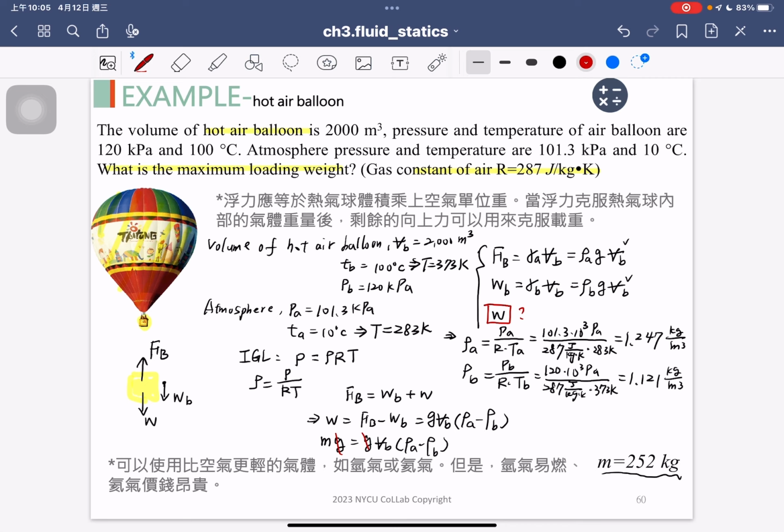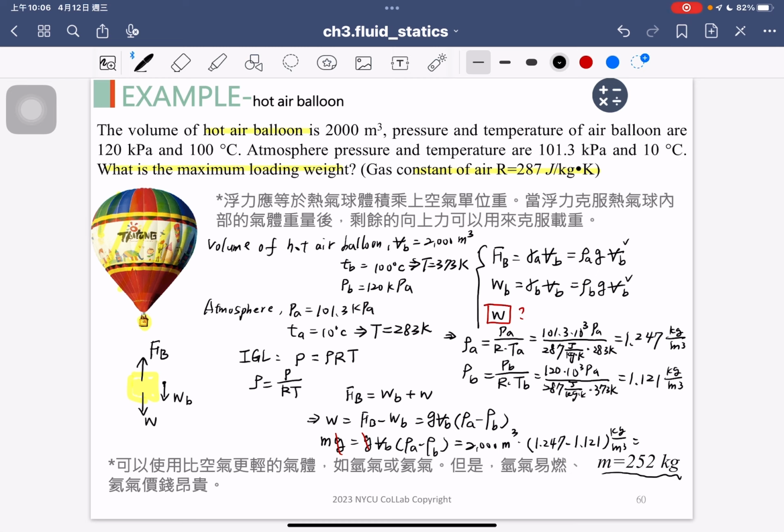Okay, so we just put the numbers into the equation. The VB here is 2,000 meter cubed, and the density difference is 1.247 minus 1.121, and the unit is kilogram per meter cubed.